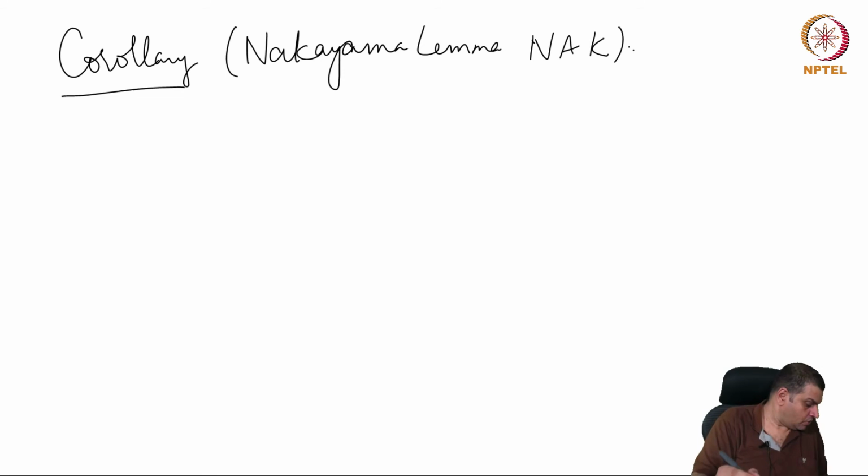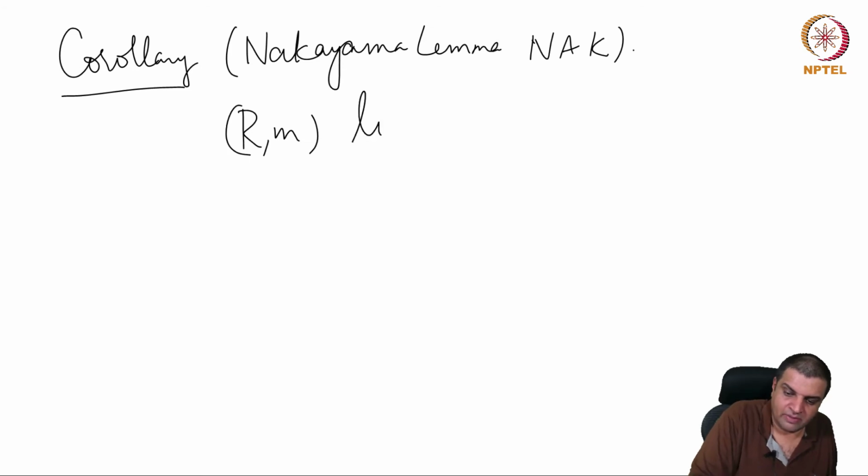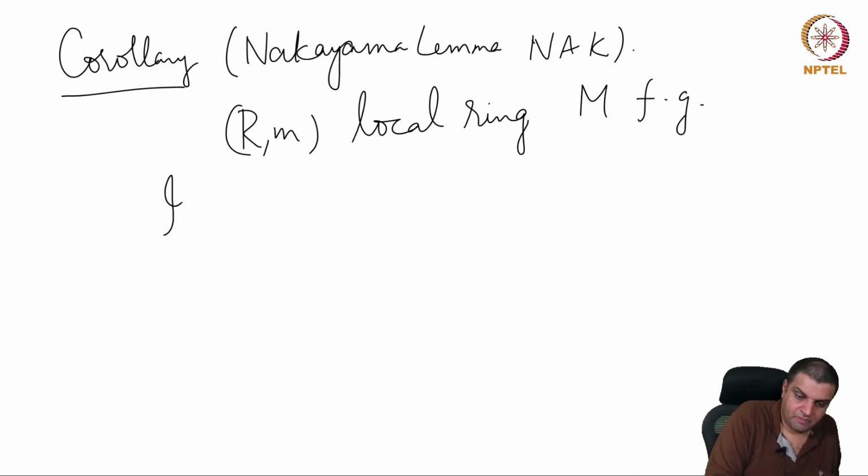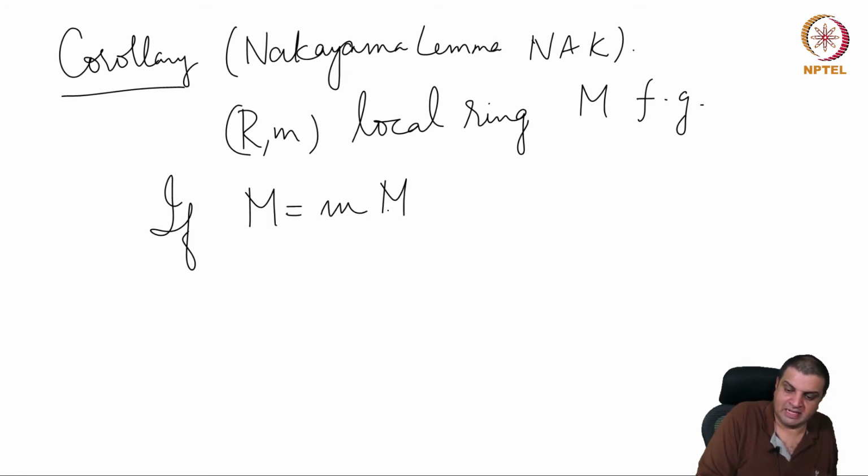So what does the statement say? Suppose that (R, m) is a local ring, M finitely generated. If M is equal to mM, the maximal ideal times the module itself, which is a submodule of M, then M is 0.